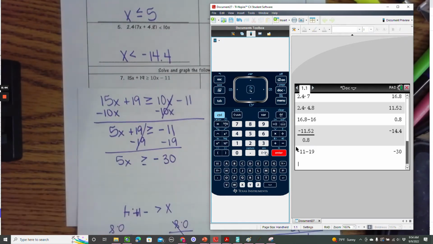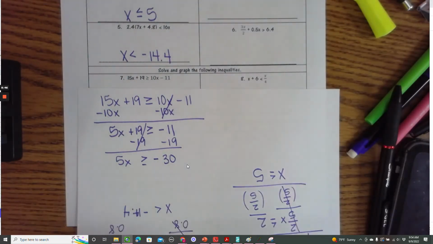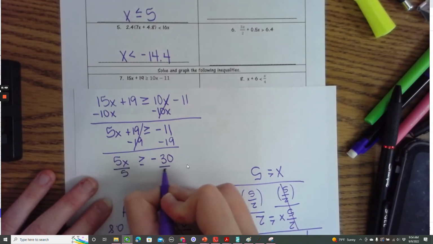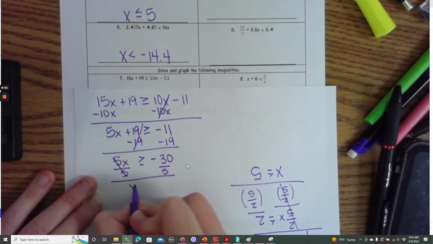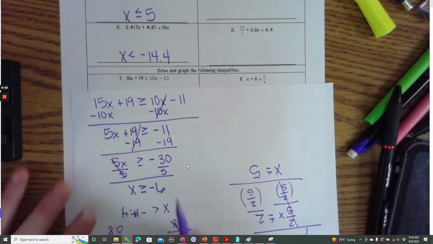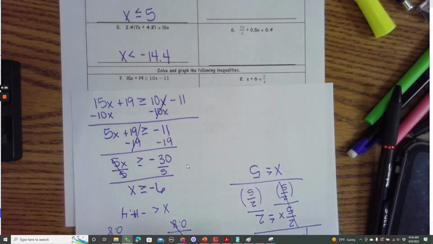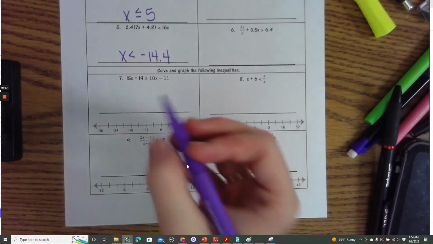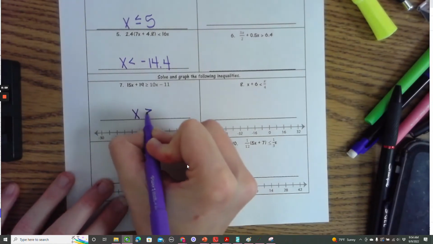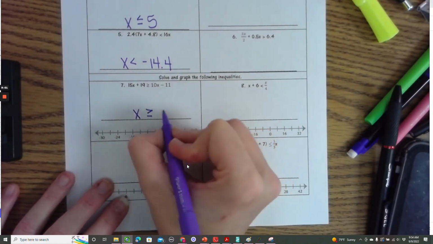And then what's the final step? So we got a negative 6. So that's my answer as an inequality. Okay? X is greater than or equal to negative 6.